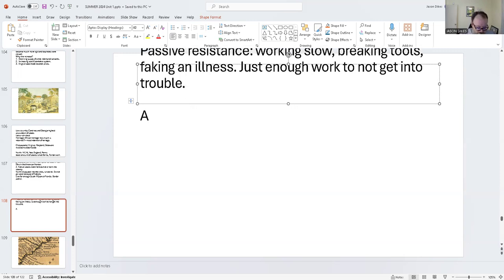And then finally, the last type of resistance is active resistance. And that is when people start to die. Slave rebellions. And slave rebellions happened quite a bit. There are 5 major slave rebellions before the Civil War, and there are some minor ones.